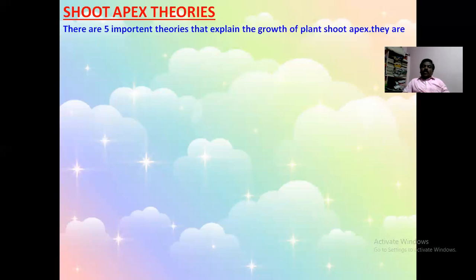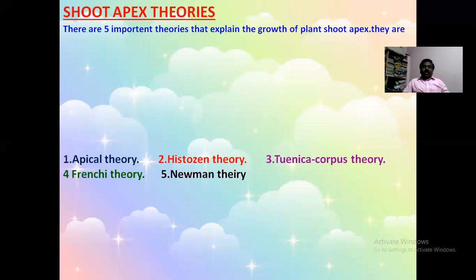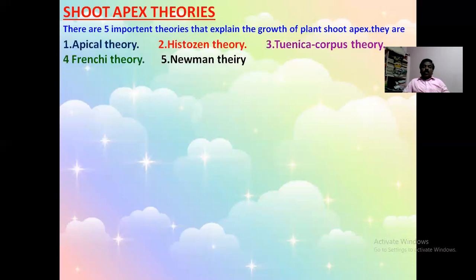Next, shoot apex theories. There are five important theories that explain the growth of the plant shoot apex. They are apical cell theory, histogen theory, tunica corpus theory, French theory, and Newman theory. In apical theories, the growth shows from an apical cell.